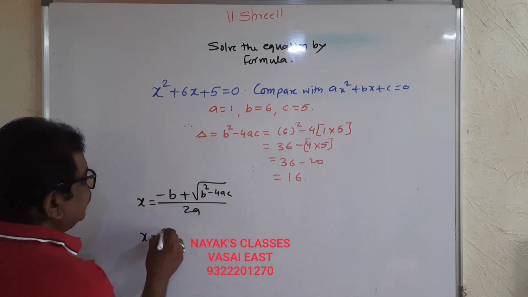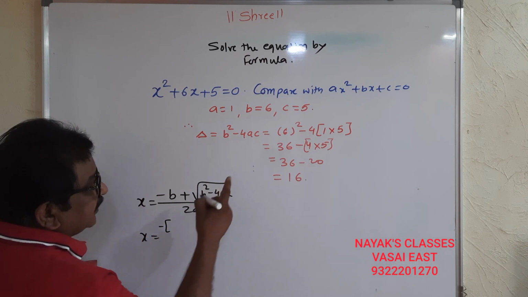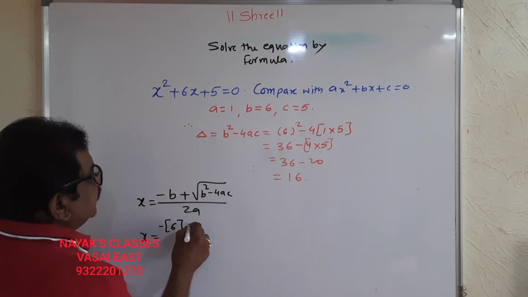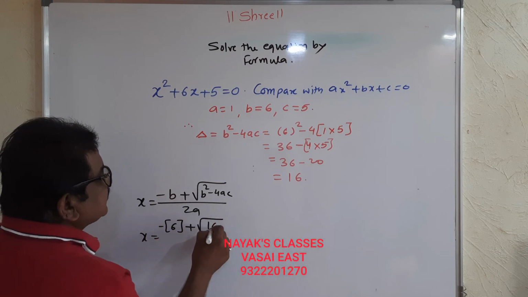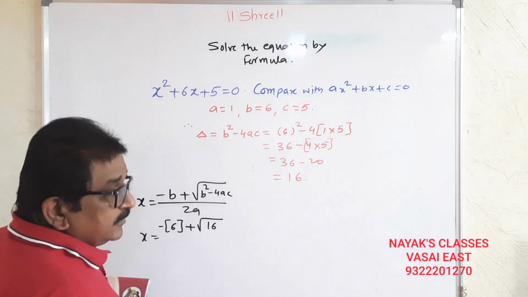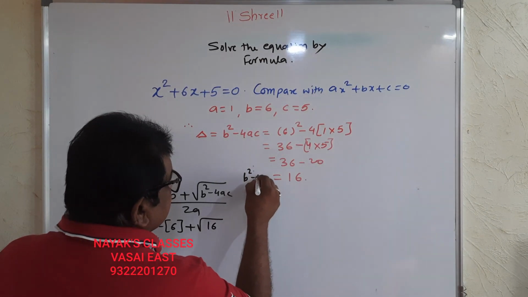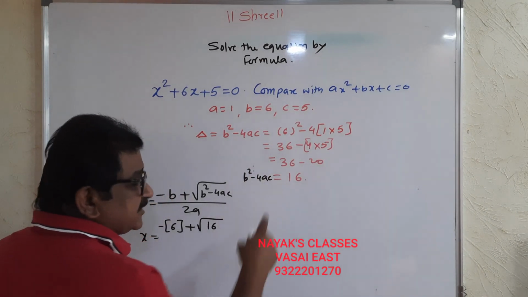So x is equal to minus into bracket value of b is 6 plus under root 16, the value of b square minus 4ac is 16.